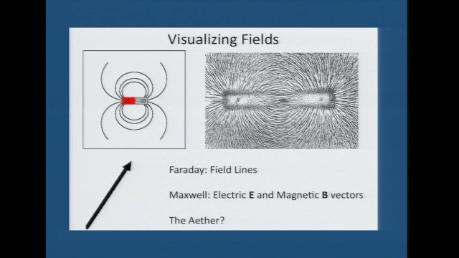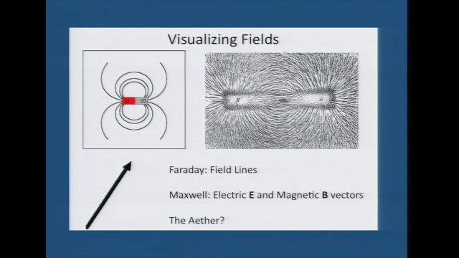Okay? And it's a nice visual way of thinking about it. In fact, many of you may recall having done this experiment in school where you take a magnet and you drop iron filings and then you shake it, and you can pretty much see those field lines that Faraday was talking about.